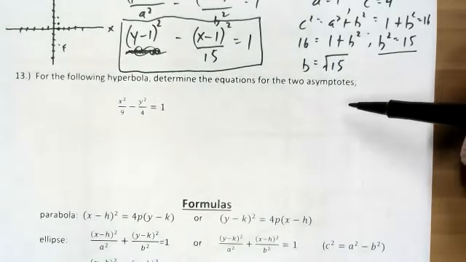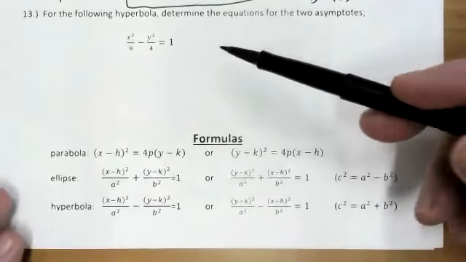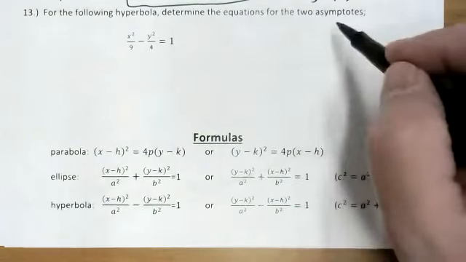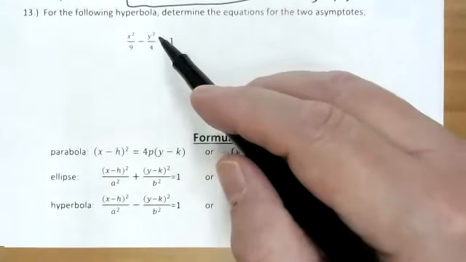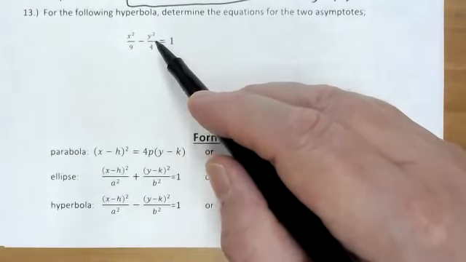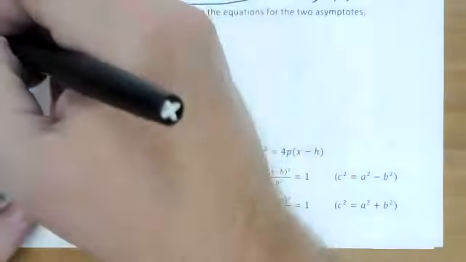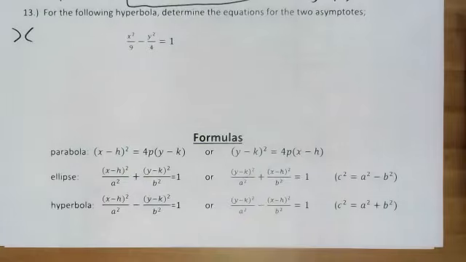Now the last one, they give you actually a specific problem where they give you the equation of the hyperbola and they want you to find the equations for the two asymptotes, the two lines that are asymptotes. So really to do this, I have to sort of do the whole problem. So first of all, I look, and this is in a standard equation, and since the x is the positive one, this is going to be a left to right hyperbola.